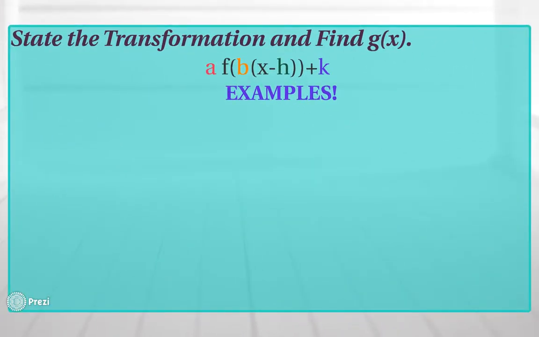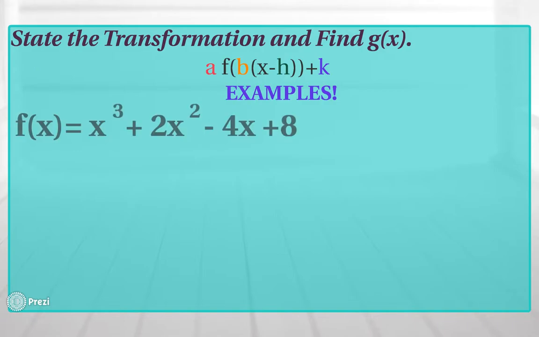So next what we're going to do, okay, what I've done, we're going to be stating the transformation and also solving for g of x. So g of x is going to do something to our original graph, which is f of x. Okay, and we're not only going to know what it does based on our transformations, but we're also going to solve for the equation that will force f of x to do the transformation that it says it will do. So this is f of x, so this is kind of like our parent function, you guys.